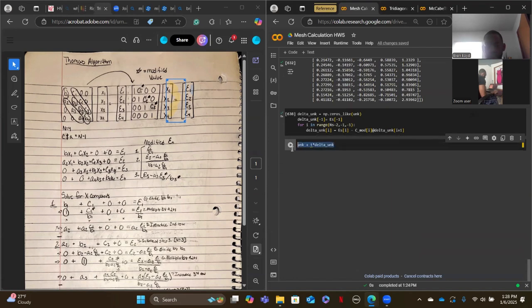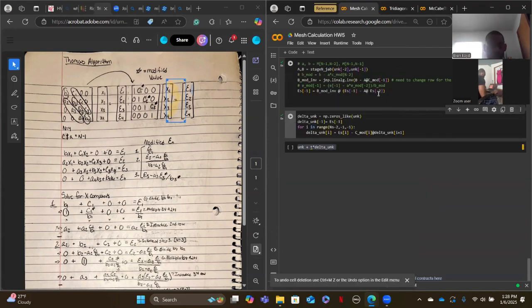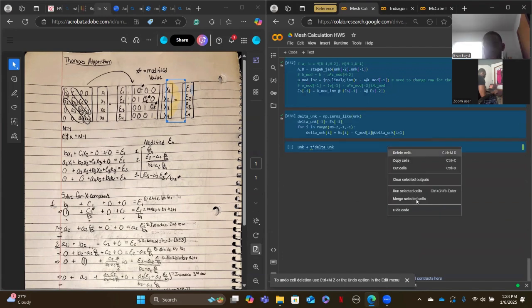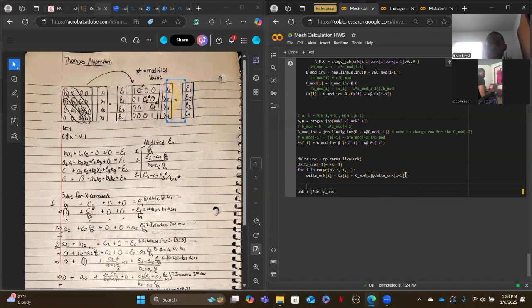We'll need to keep this, but I'm going to copy this because this would be the basis. Actually, let me delete this. I'm going to combine all of these. Like I said, we need to use a minimize scalar, and we'll be using a lambda function.